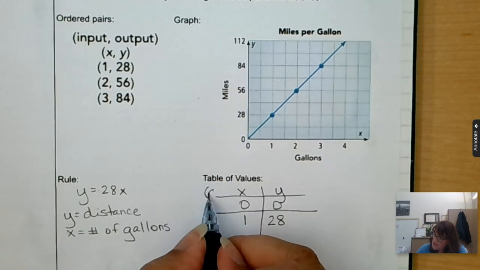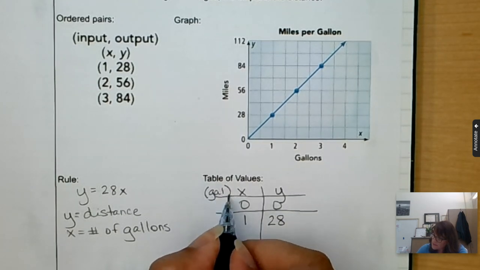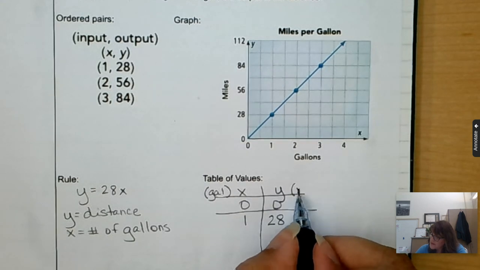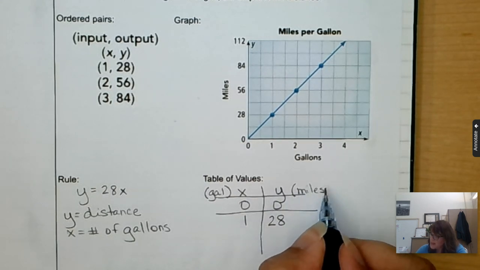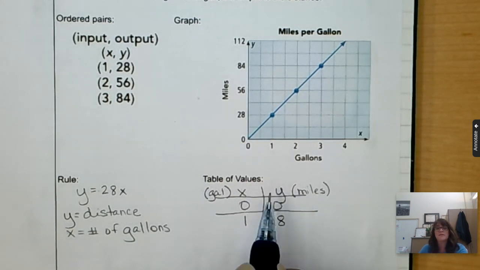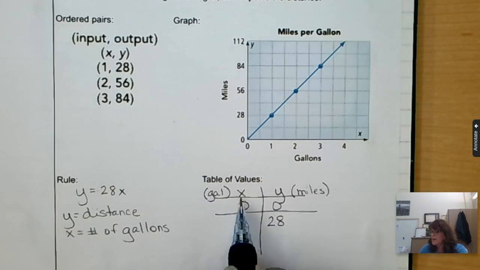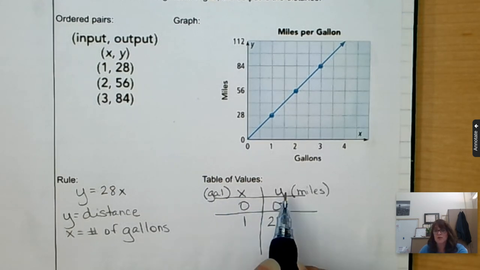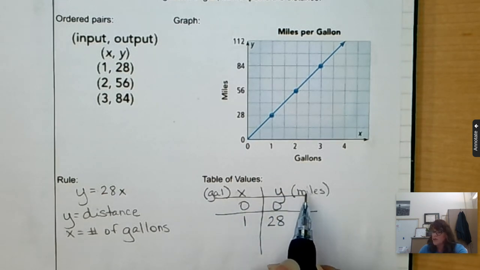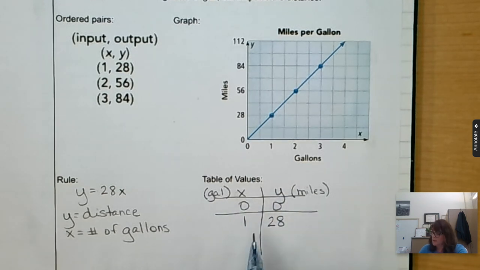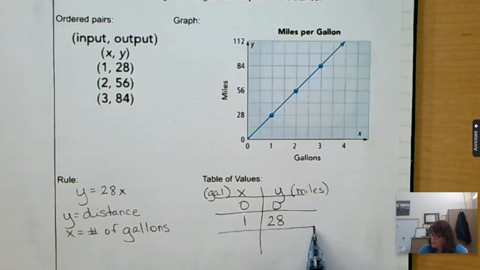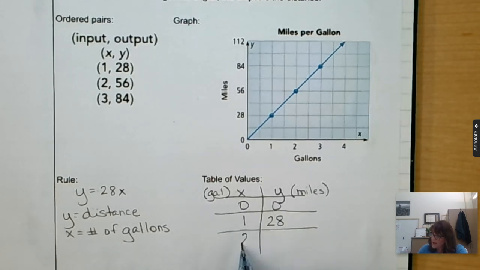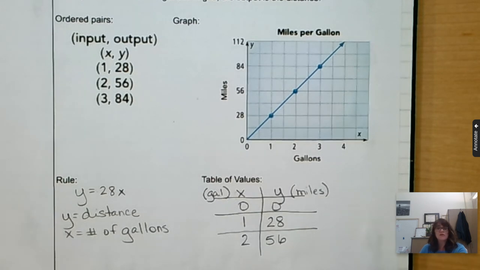So this is gallons, and this is miles. And it will help you on these problems if you label them. Yes, you should know which one's X and which one's Y, input and output, but also know what quantities you're measuring. 2 gallons, 56 miles, and so on.